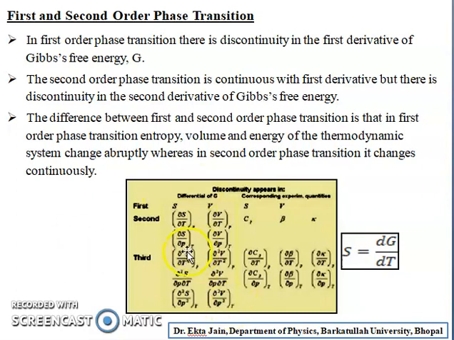As in this table, we can say that in first order phase transition there is discontinuity in the first derivative of Gibbs free energy. Here for the first order phase transition it is written S. So don't get confused: S is the first derivative of Gibbs free energy, and S is equal to dG upon dT.